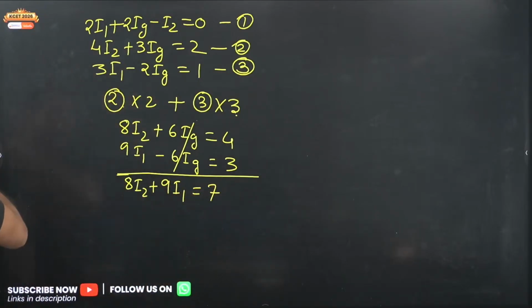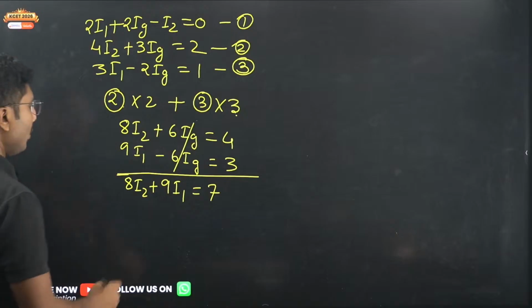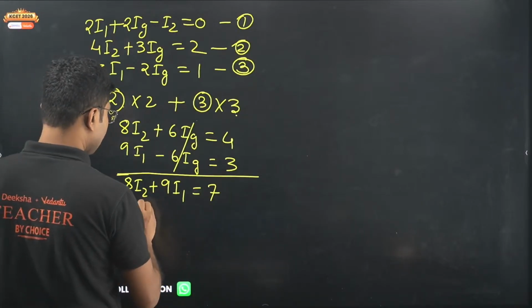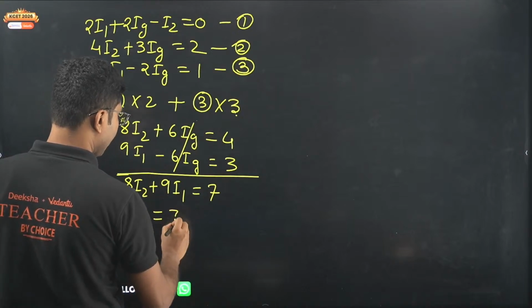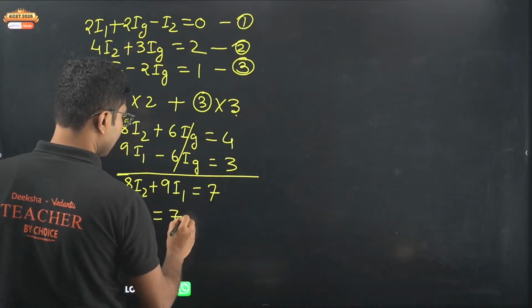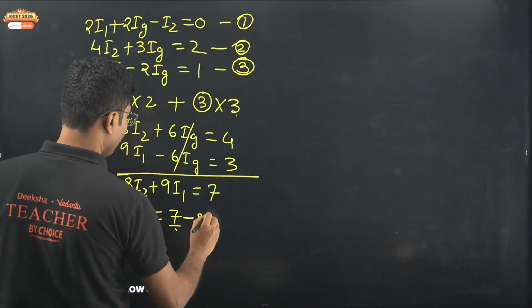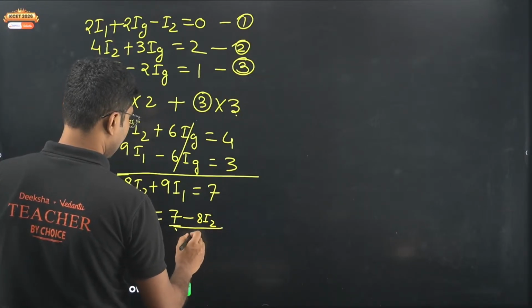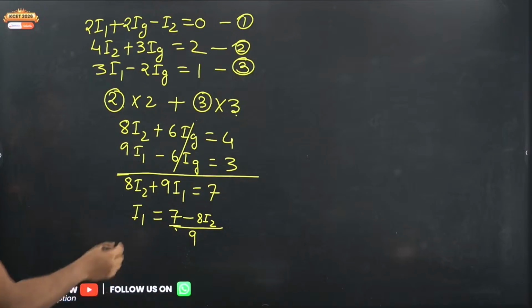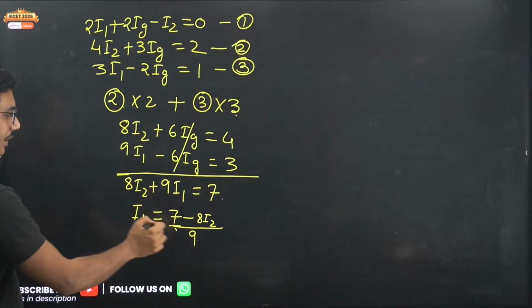This is the relationship between I1 and I2. Obviously the relationship is not pretty. I1 equals (7 minus 8 I2) divided by 9.